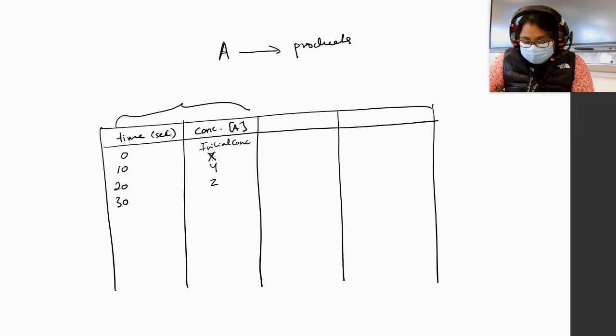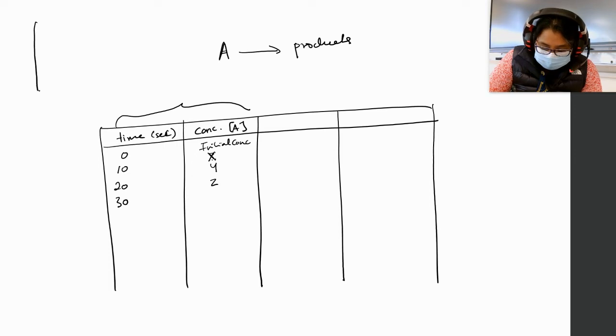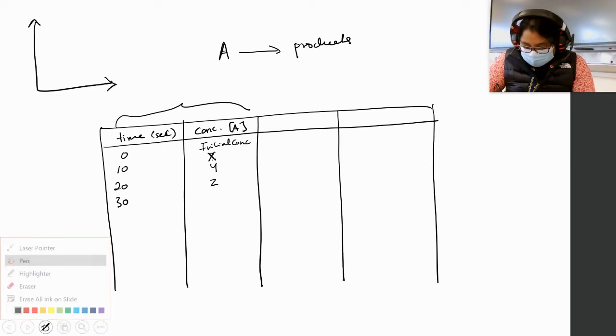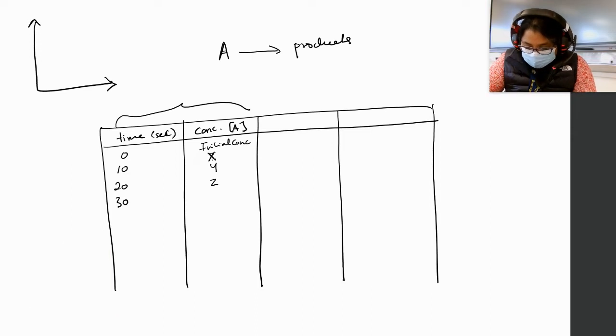Okay? Then you would make one graph. You would try to see what order this fits into. So once you have your concentration, you can do a simple calculation for each value. What is the natural log of the concentration of A? That'll give you some value here, some value here, some value here.